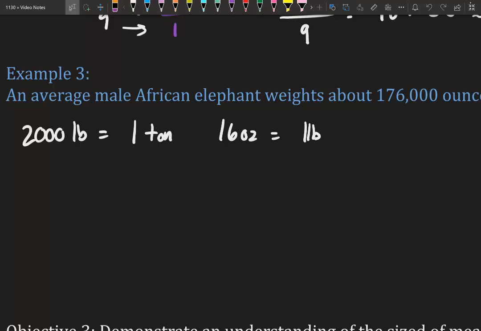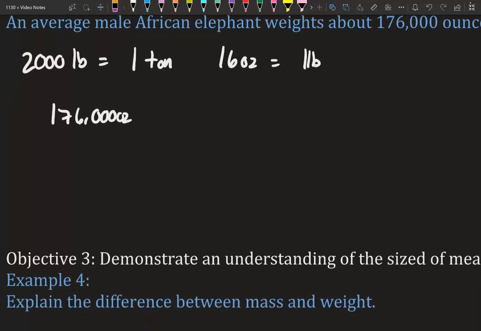So first, let's figure out how many pounds this elephant is. So the elephant is 176,000 ounces. And we're going to divide because ounces are smaller. So we're going to divide by 16 ounces per pound. And we get 11,000 pounds.